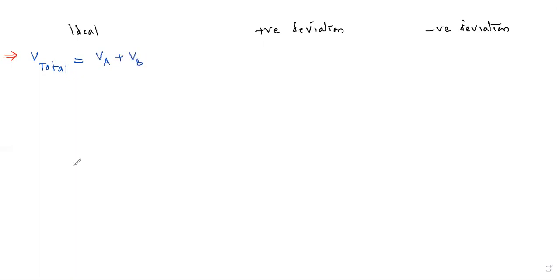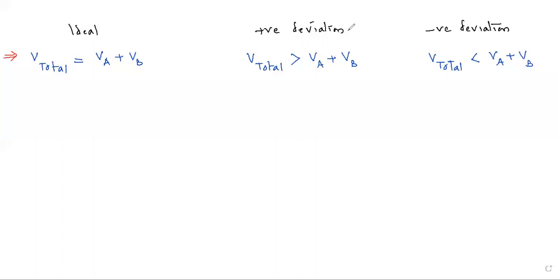No change in volume on addition, right? Now, if the same thing has a volume greater than 120 ml, then we call it a solution showing positive deviation. In this case, it will be less than 120 ml.